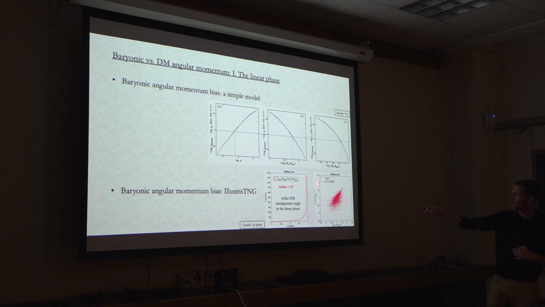What's shown here is the modulus of the angular momentum of the stars in a galaxy versus the modulus of the dark matter angular momentum, but in the initial conditions, so not at the final time. So essentially I take all the stars and all the dark matter at redshift 0, and I follow them back to the initial conditions of the simulation.